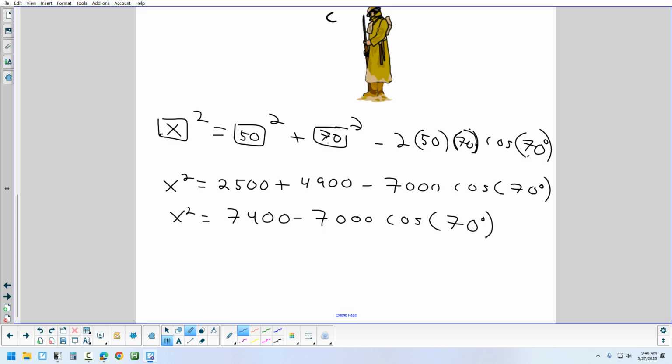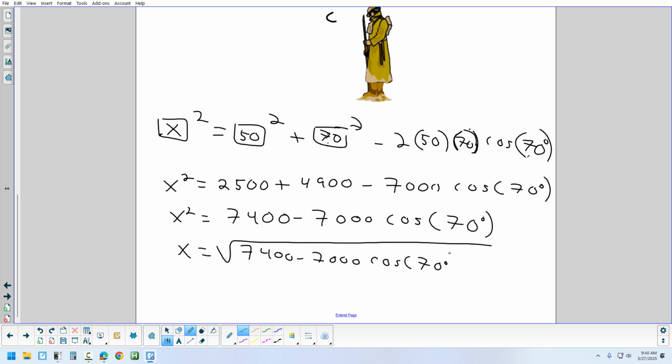I want to get rid of that. Take the square root of each side, and that's what we'll type in. And that'll give us the distance between the two houses.